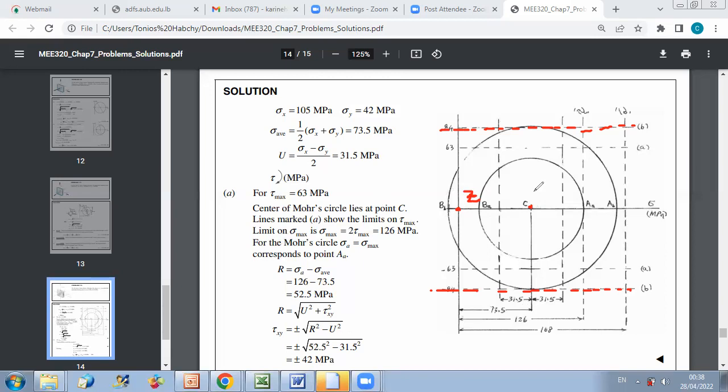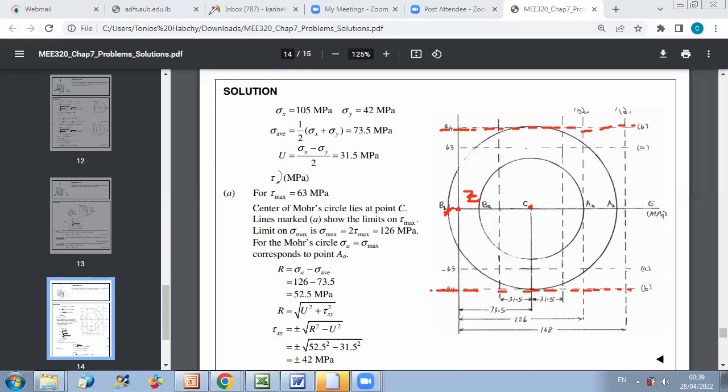The value of my radius now is known, so I have a point B on the other side. Now I am sure that point B is on the other side of O. This means that sigma B is negative, and sigma A is positive. So I can then say that in this case, I have the maximum shear stress in plane AB.